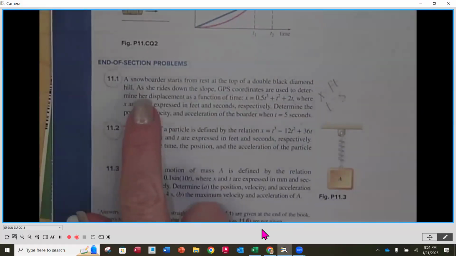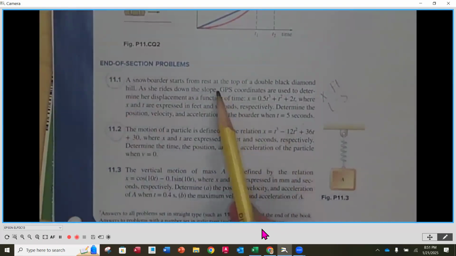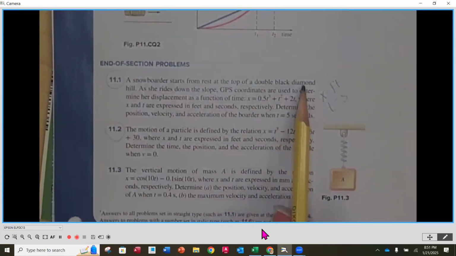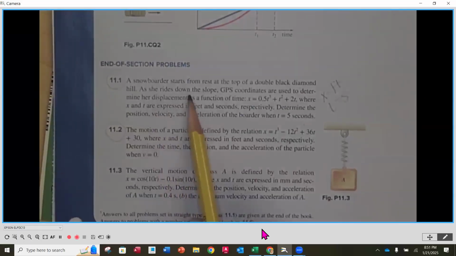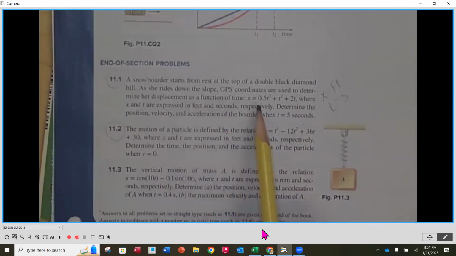So the first problem you have here is 11-1. It says a snowboarder starts at the top of this double black diamond hill. As she rides down the slope, GPS coordinates are used to determine her displacement as a function of time.